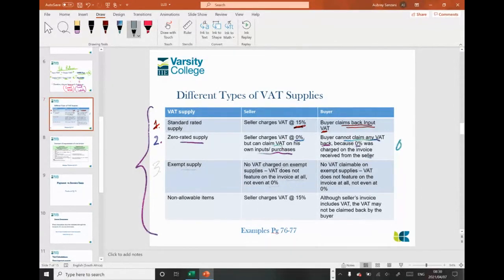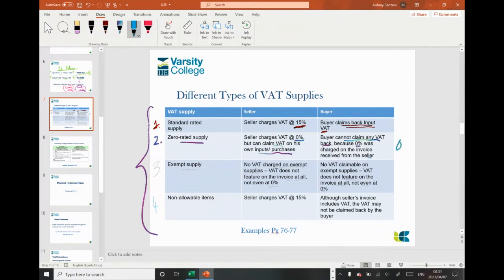What happens with the buyer? No VAT is claimable on exempt supply. Then finally, we have one more.